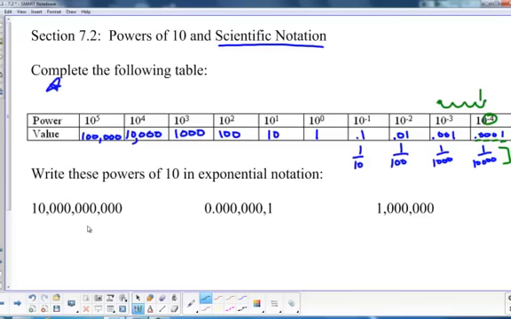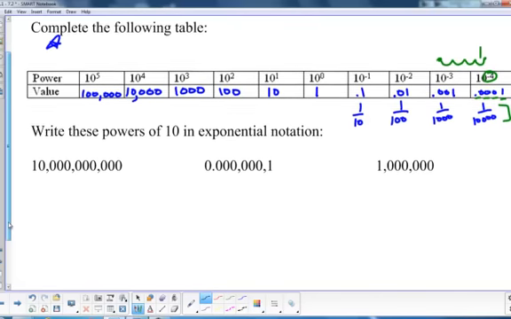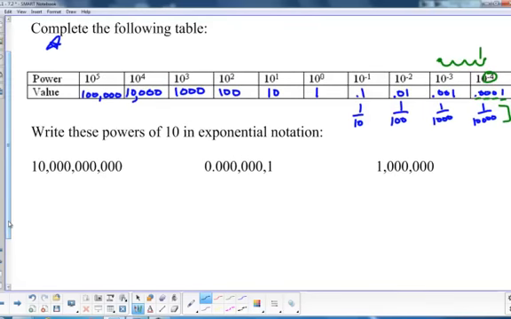So exponential notation is like 10 to what power? So this is our exponential notation, and this is our actual answer. If we're going to do a power of 10, that's a base of 10.